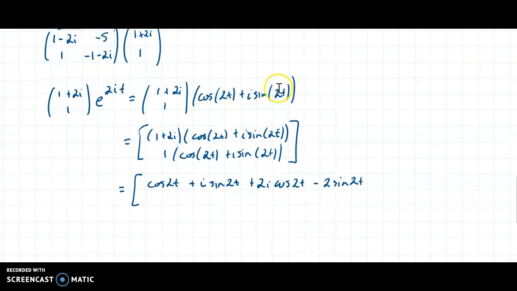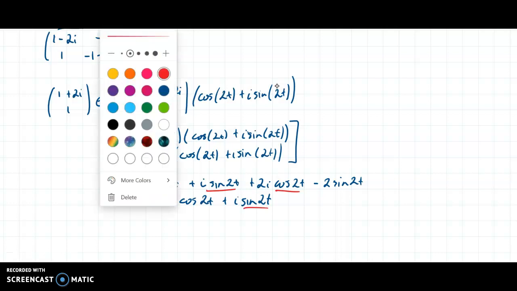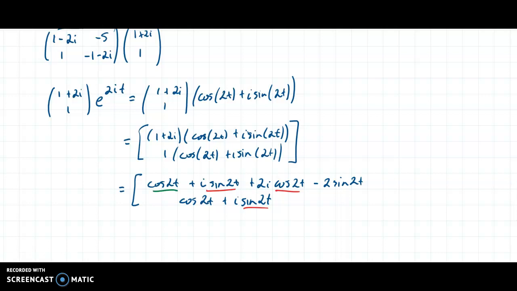From there, the bottom is simple. There's not much to do. Just multiply by 1, so it's the same thing. So I get cosine 2t plus i sine 2t. From here, imaginary, imaginary, imaginary, and real, real, real.